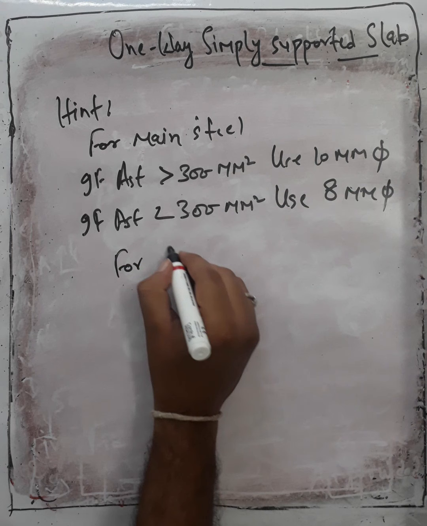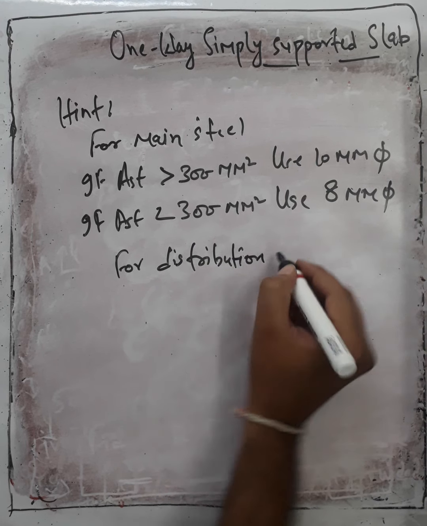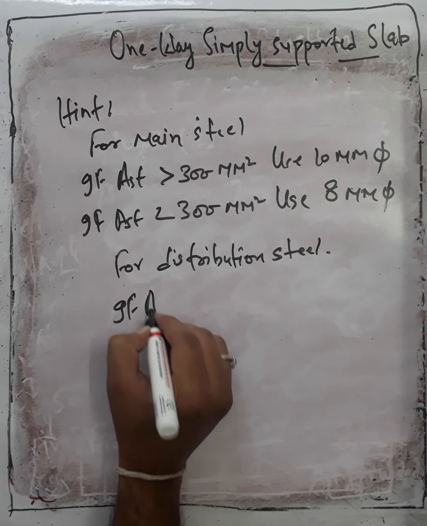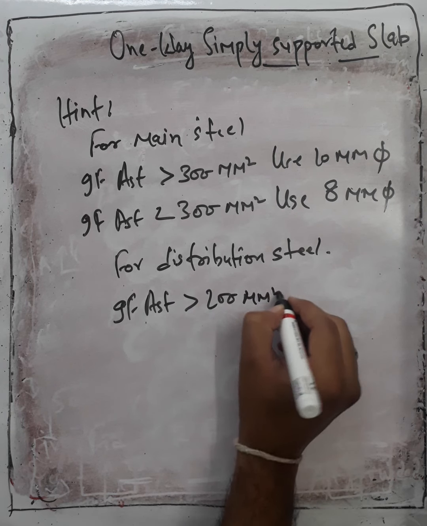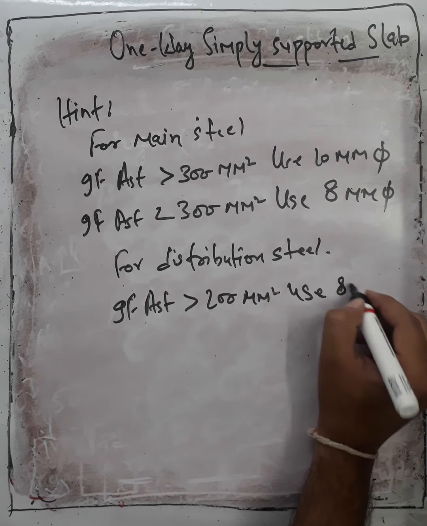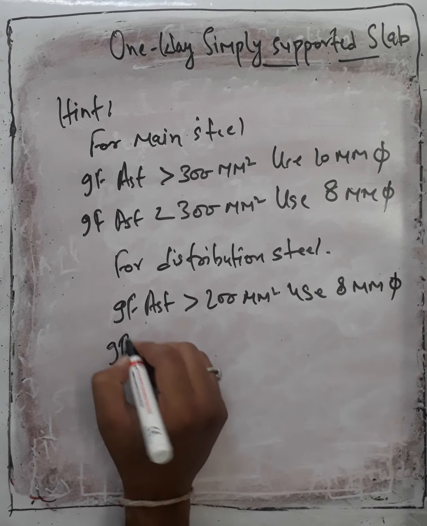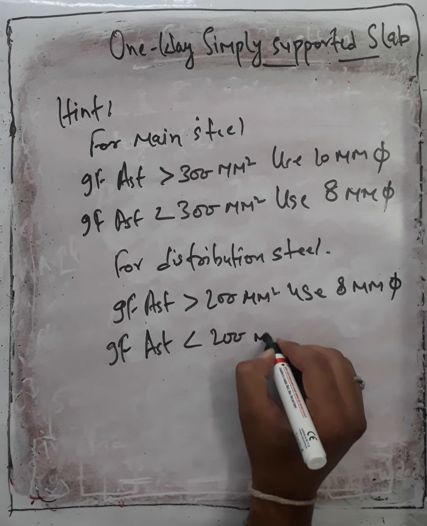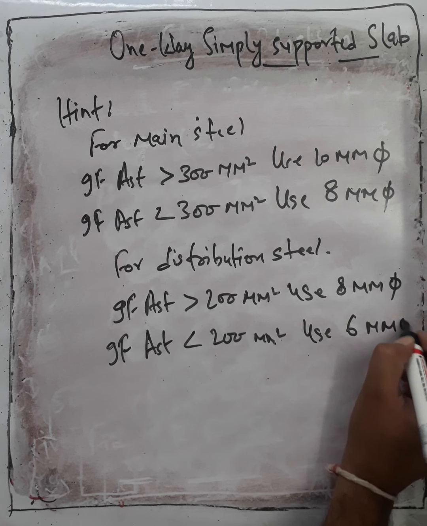For distribution steel, if AST is greater than 200 mm square, use 8 mm or 6 mm. If AST is less than 200 mm square, use 6 mm bars.